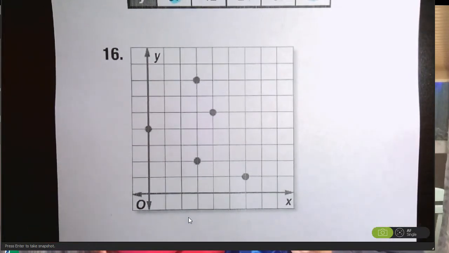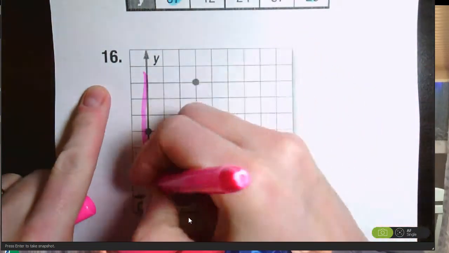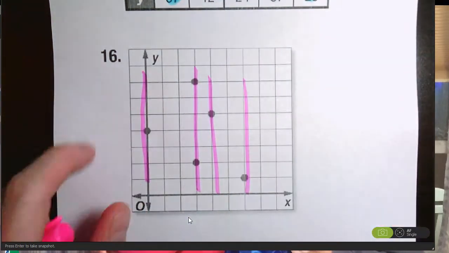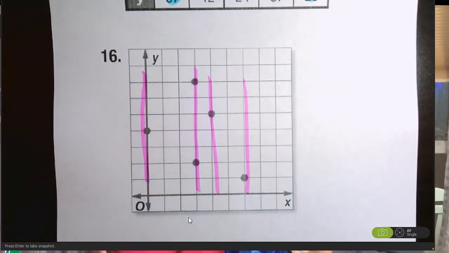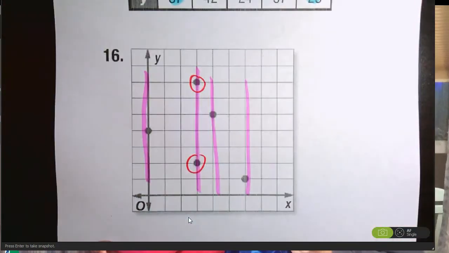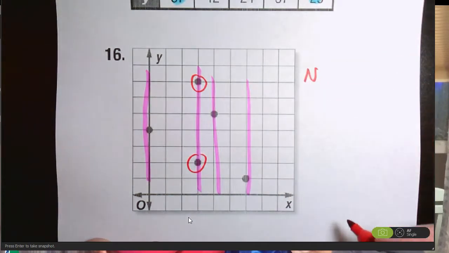The idea is if you draw a vertical line through all the points, and if you hit more than once, which I do right here, you don't have a function. So no, it fails the vertical line test.